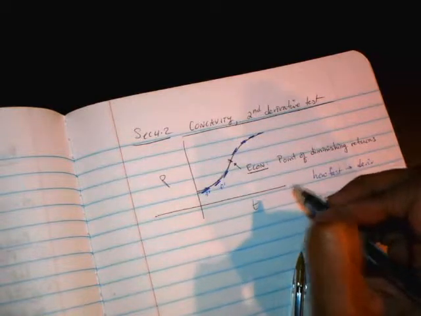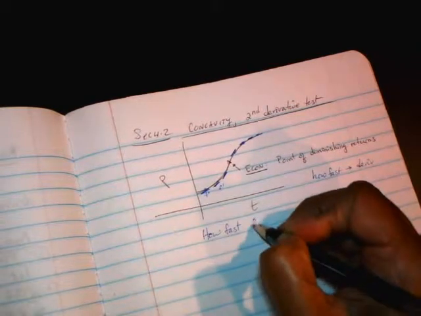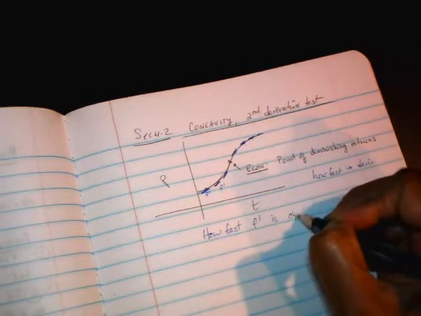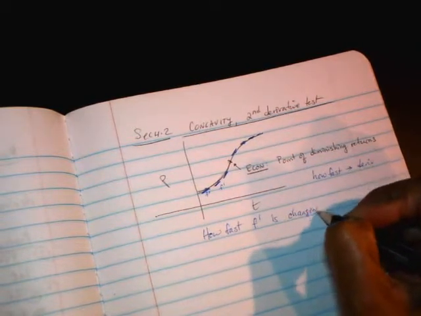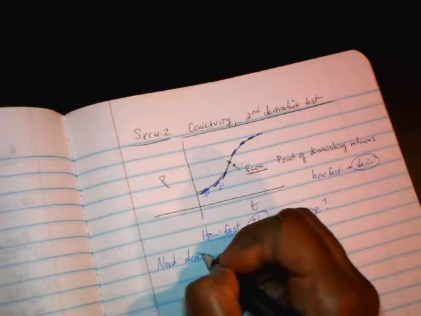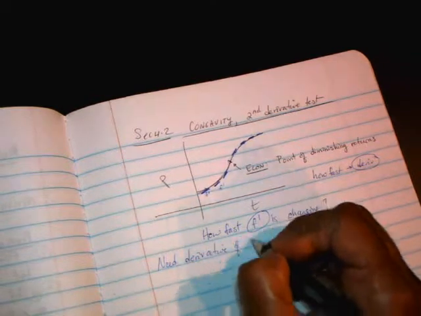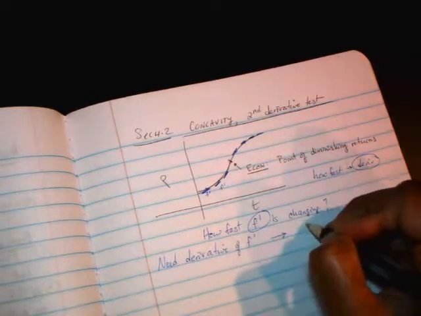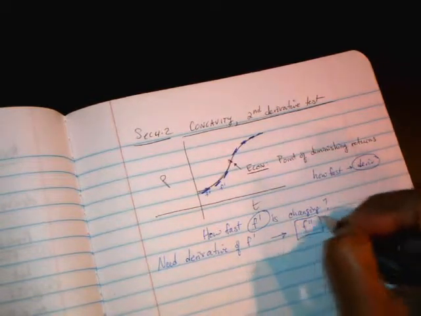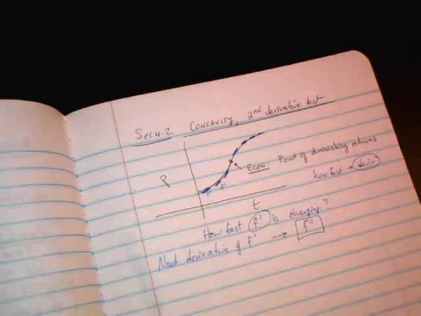If we want to see how fast f prime is changing, we need the derivative of the first derivative. So we need the derivative of f prime. In other words, we need f double prime. Aha! This is why we learned second derivatives earlier in chapter 3.